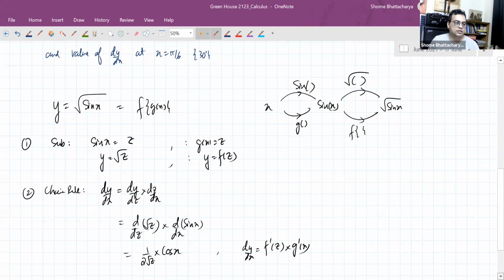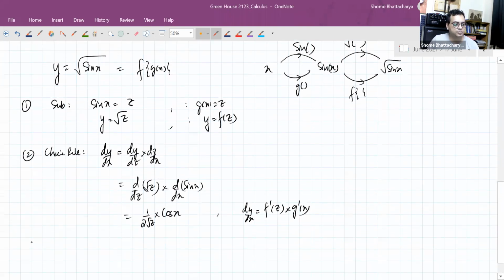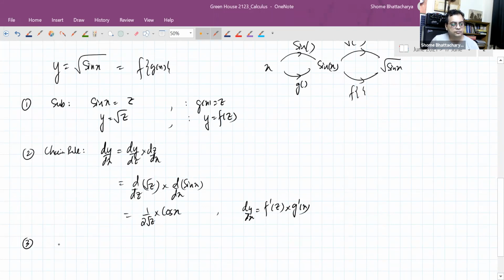And then finally the resubstitution step. So substitute z as g x, which is sin x.